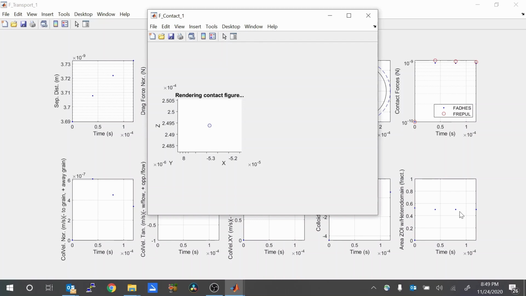It reattached at a somewhat greater separation distance, moving from 3.708 out to 3.73 something. So just a slight increase, a fraction of an angstrom, in the separation distance.